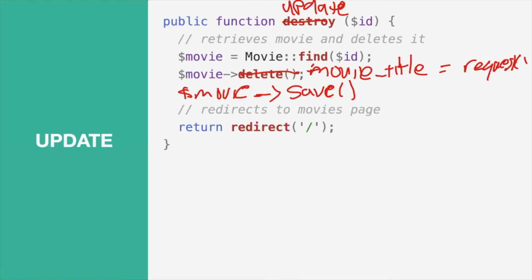Like in which page? So these will all go into the controller, the movie controller in this case. I'm going to go through all this with an actual example here in a moment, and you'll be able to see where they go, but they would all go in the controller. All of these are methods of the movie controller.